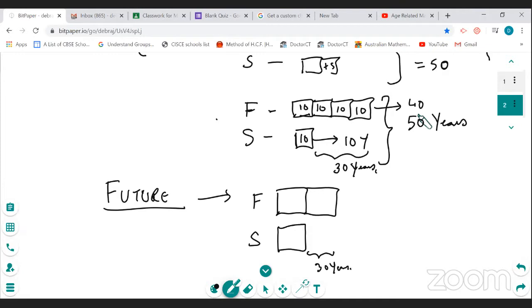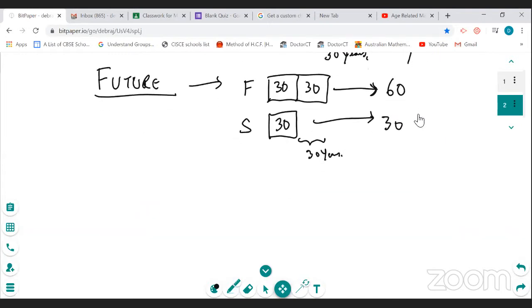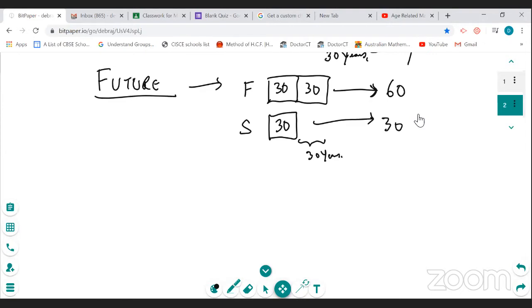So this is 30 years. Which means that if one part is equal to 30 years, so each part is 30 years. In that case, what do we get here? That at that time, when the father will be double of the son's age, or the son's age will be half of his father's age, the father will be 60 at that time, and the son's age will be 30 at that time. All right. Now, if we go ahead and then compare for the answer that, after how many years from now, this phenomena will happen.